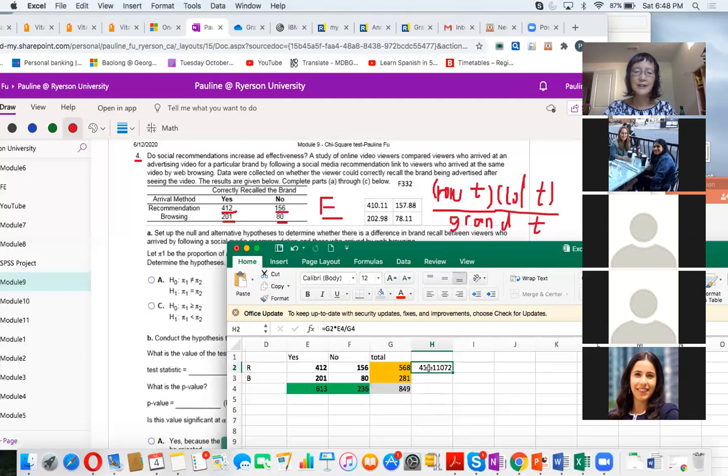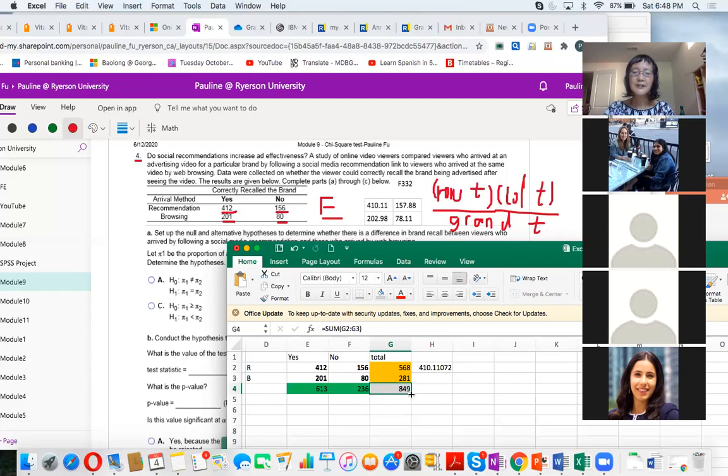And this expected value corresponds to 412. 412 is the observed value. 410 is the expected value. How do I calculate the expected value? I use row total 568 times column total 613 divided by grand total 849.